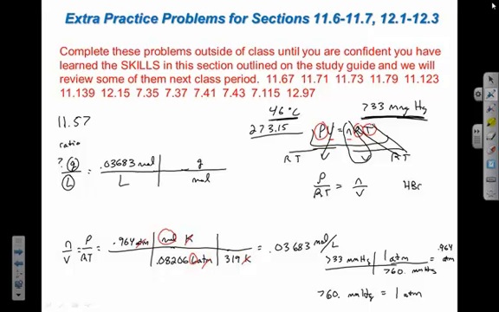So I have the mass of 1 hydrogen, which is 1.008, plus the mass of 1 bromine, 79.904, and I get 80.91 grams per mole. So that's the number of grams equal to 1 mole. So now my moles will cancel, and I'll have my answer.